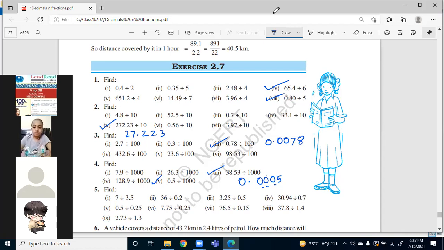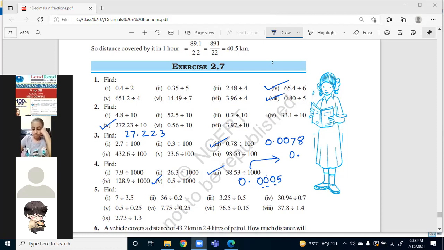Done, ma'am. Okay, Samraj, do tell me. Ma'am, the answer is 0.3853. Speak again. Ma'am, the answer is 0.3853. See, that has to be divided by 1000. Garima, your answer is also wrong.